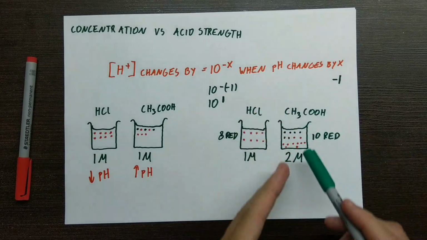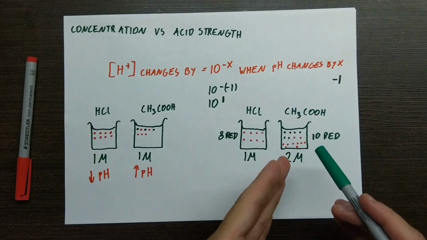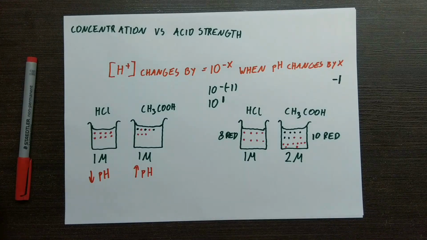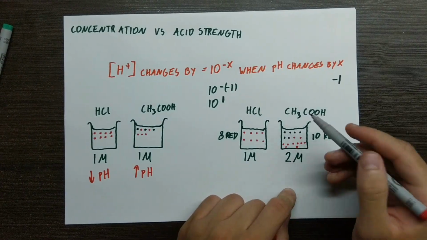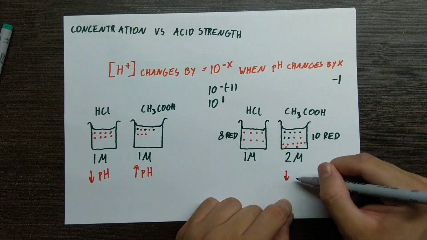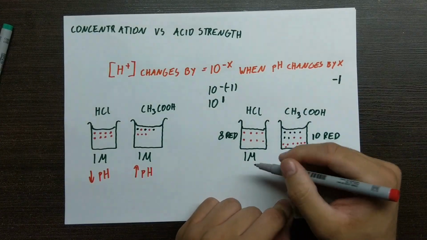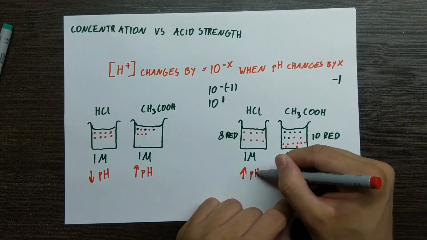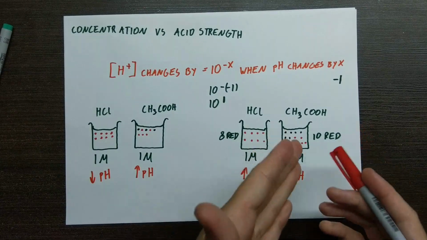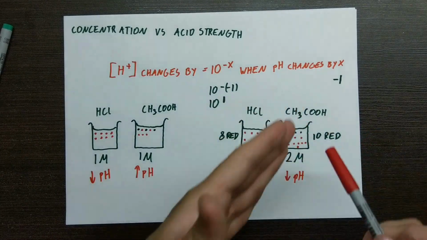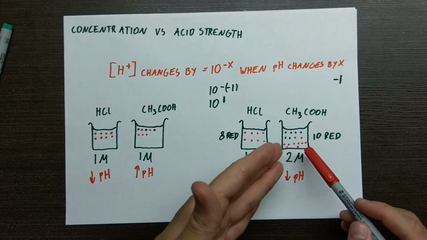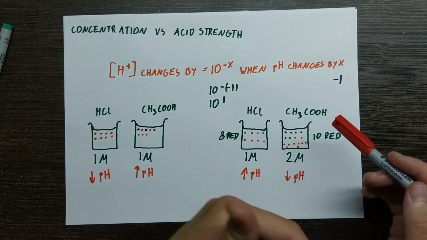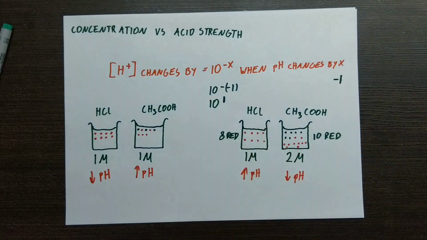So despite this acid being weaker, because we have increased its concentration, actually the ethanoic acid pH will be lower compared to hydrochloric acid pH, purely because we have more molecules to begin with, and even though not all of them have dissociated, the ones that did ended up giving us more protons than the ones in HCl.